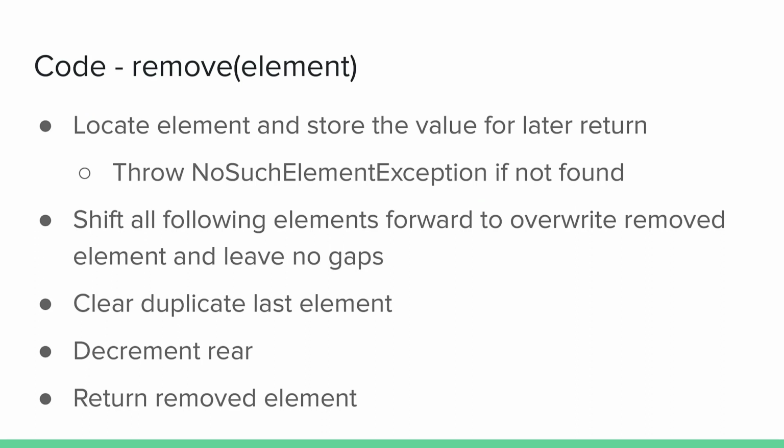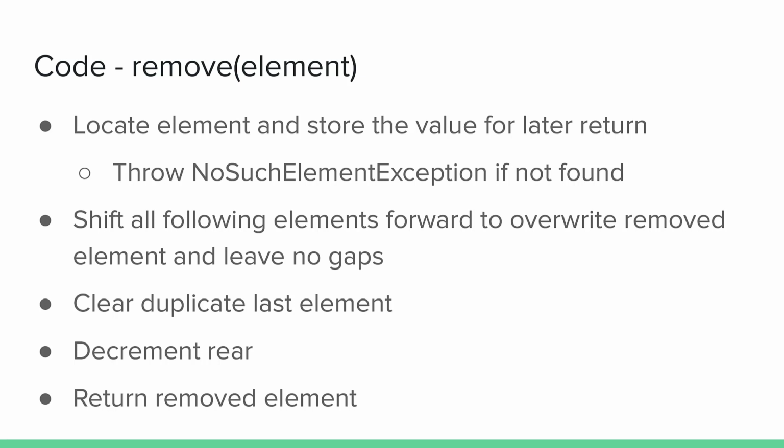Making this work in code, just reviewing again, we start by locating the element that we want to remove, and we store that value for later return. If it turns out that we can't find that element, we need to throw a no such element exception. If we get past that point, we found it. We write our loop to shift all of the elements from our location, our index that we located.